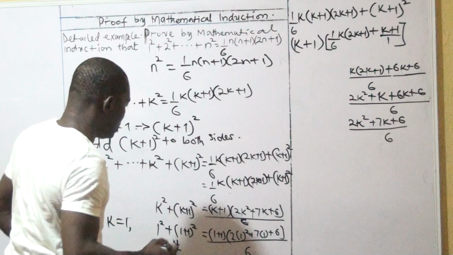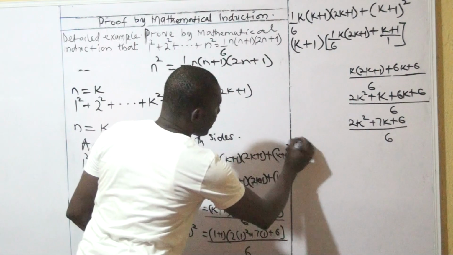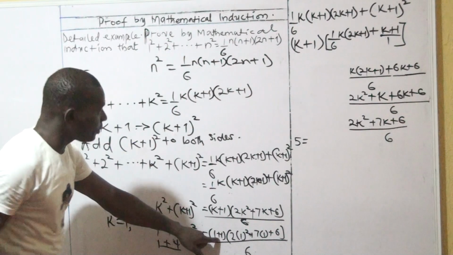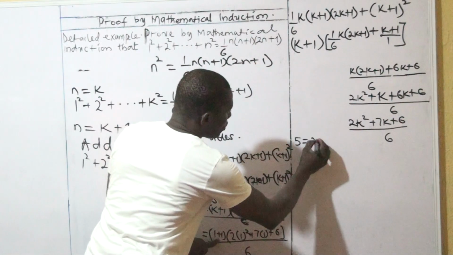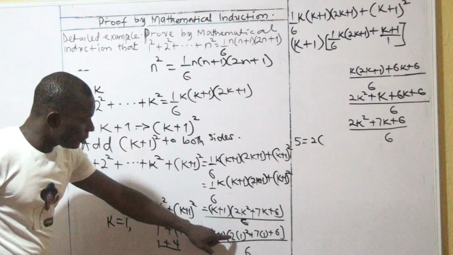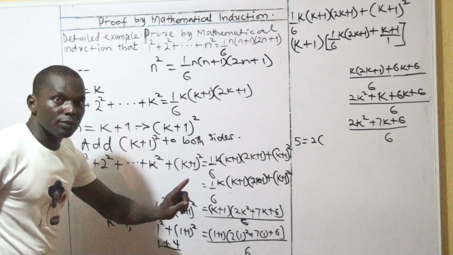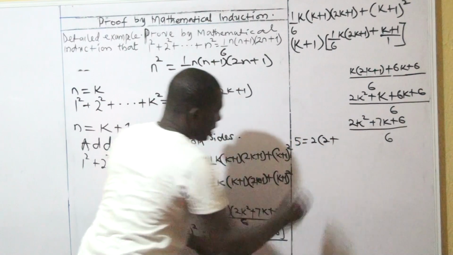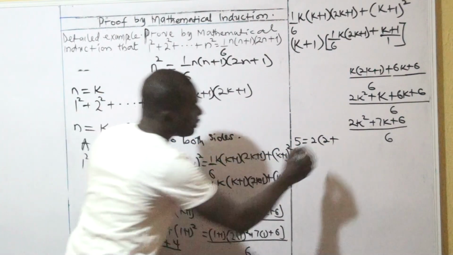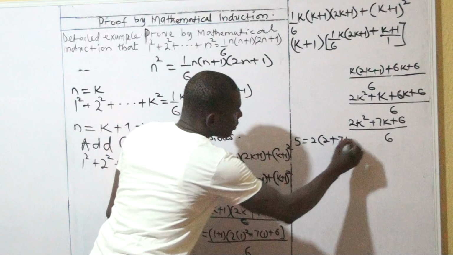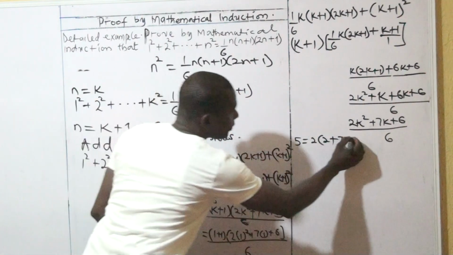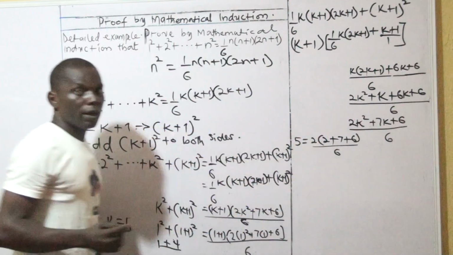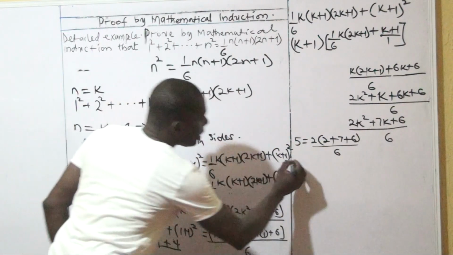Let me transfer this to this side. Here we have already known that the right hand side is 5 now. Here we have 1 plus 1 is 2. In this bracket here, 1 squared is 1 times 2 is 2. Here 7 times 1 is 7 plus 6 over 6. Okay?